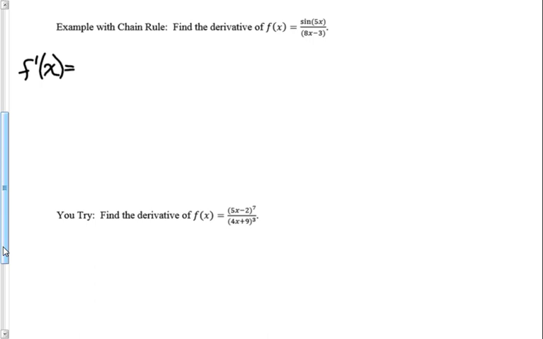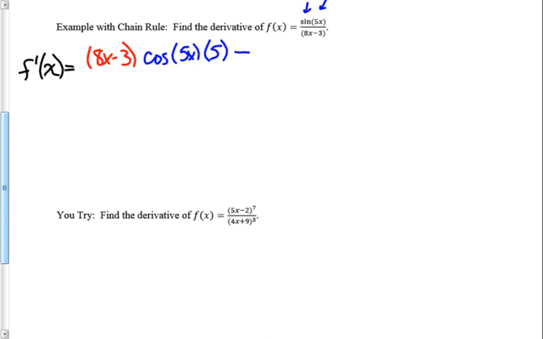I start with the bottom. The bottom is 8x minus 3. I'm going to multiply that by the derivative of the top. The derivative of sine is cosine. The 5x stays. Then I multiply by the derivative of the inside, and the derivative of the inside for this function is 5x. So I multiply that by a 5.